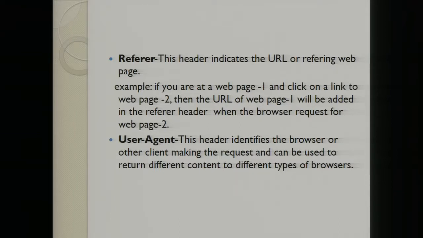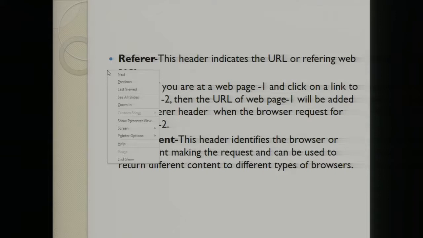If you have reached another web page using a link from web page 1, then the URL of web page 1 will be attached in web page 2, so that it acts as a referrer to web page 2. Then user agent is the header that identifies the browser or other client making the request. So these are some of the request headers which will be sent as part of implicit data whenever the client sends a request to the server.